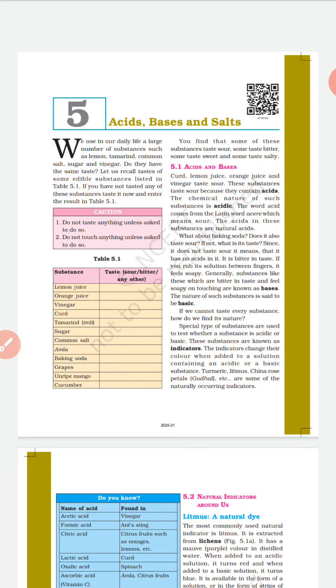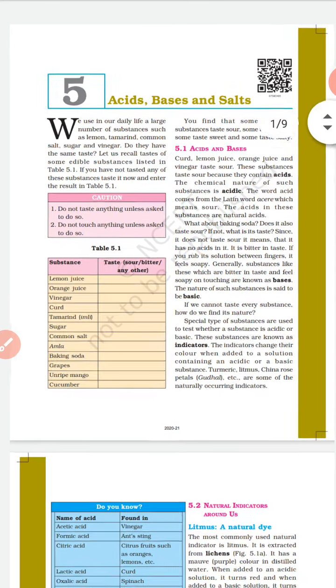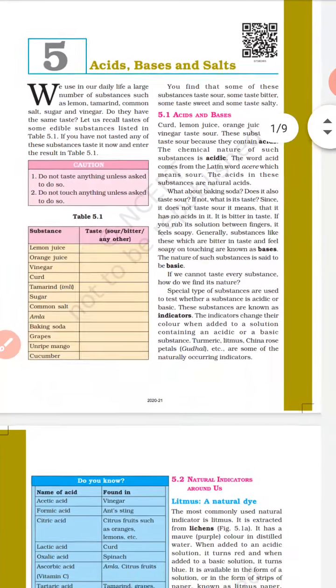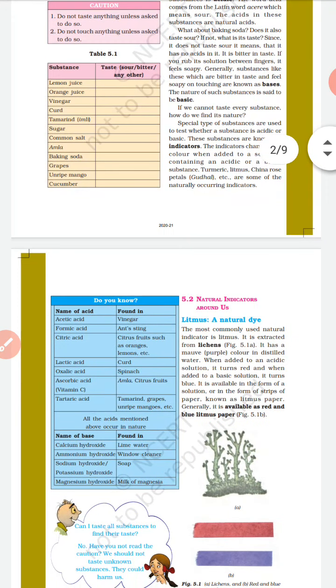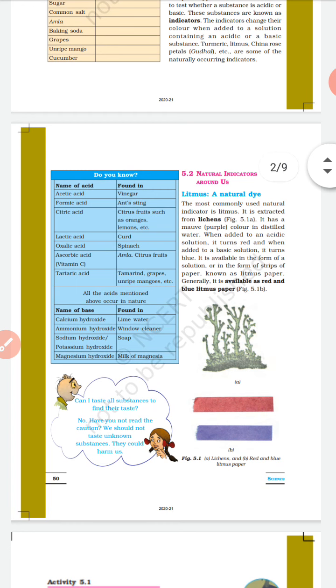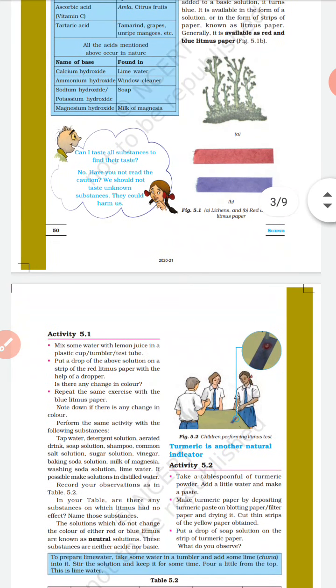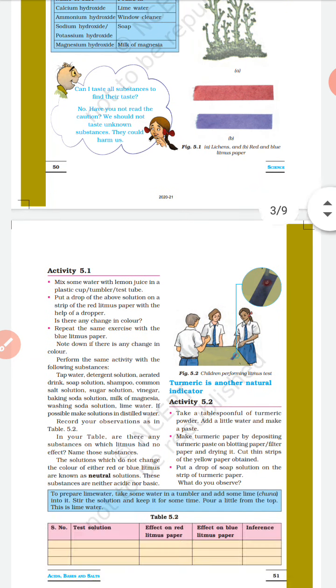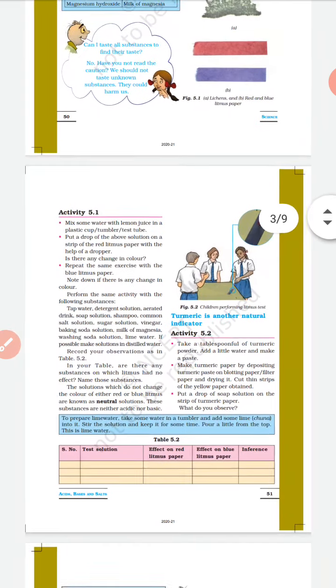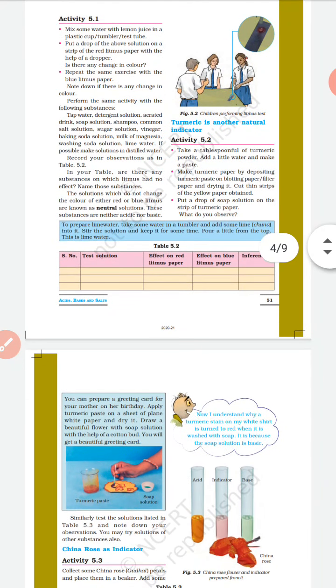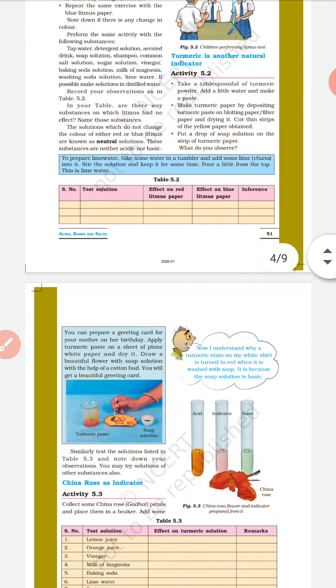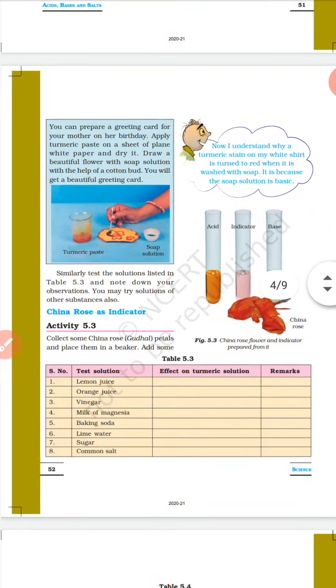And then we talked about the natural indicators around us. Litmus, I told you to experiment with that one also, and you all have done it very well, and I'm very happy about that, students. So we have done the 5.1 activity and the 5.2 activity also. Right now we will discuss this one and continue our chapter, students.